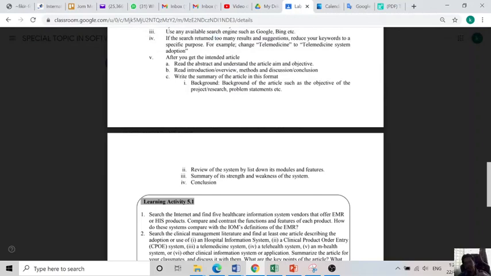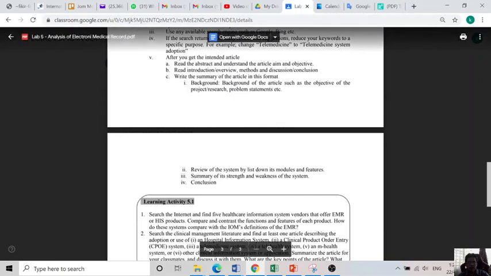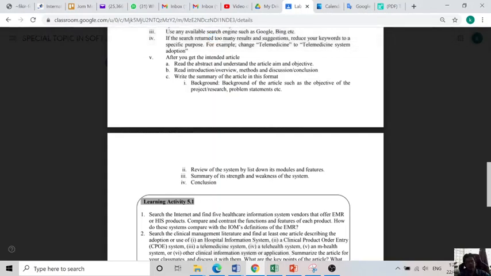So for each article that you download, let's say 5 articles, you have these 4 items. This is an analysis that you need to write for an article.